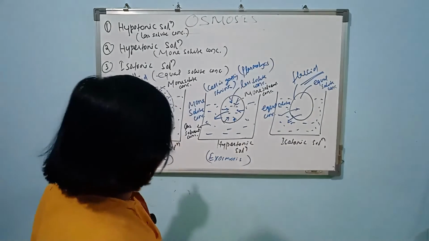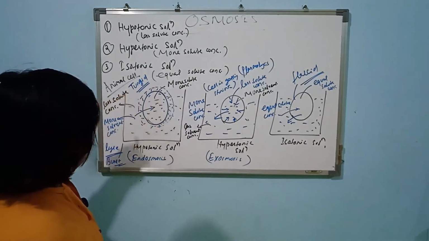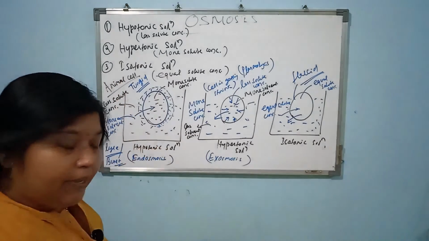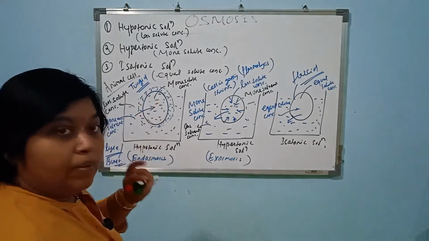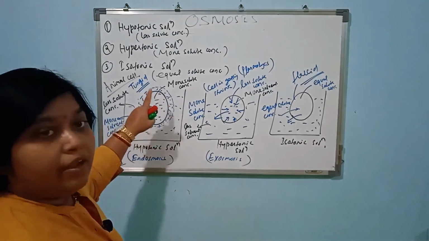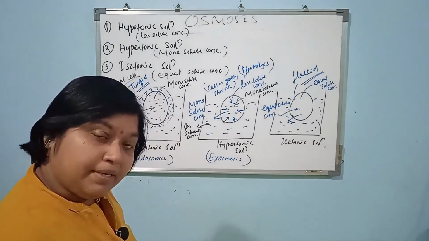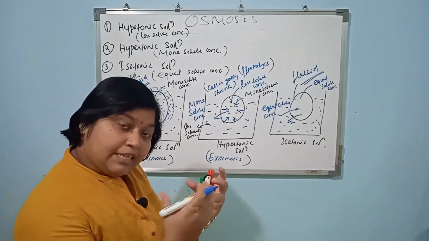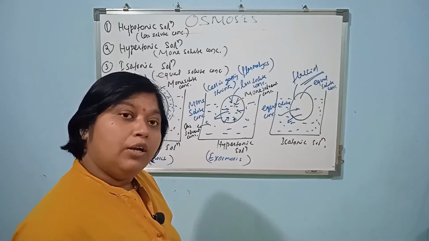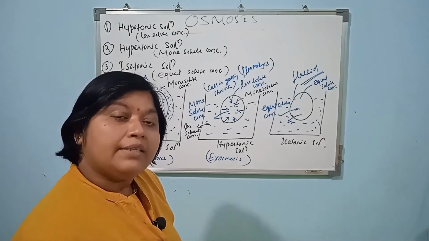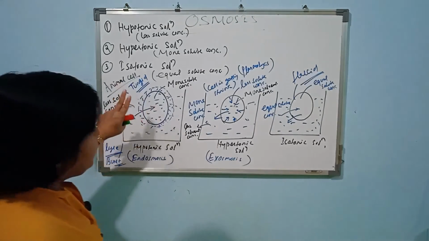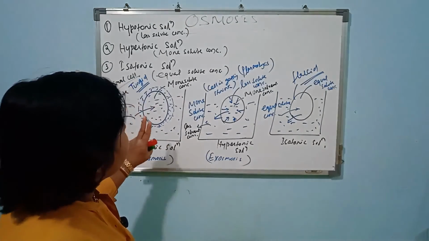Suppose in place of an animal cell we keep a plant cell in hypotonic solution. What will happen? The cell will swell, but it will not burst because outside of the cell membrane the cell wall is present. So that expansion will be controlled by the cell wall. So the cell wall will not allow the plant cell to lyse or burst, and the plant cell will be as it is.